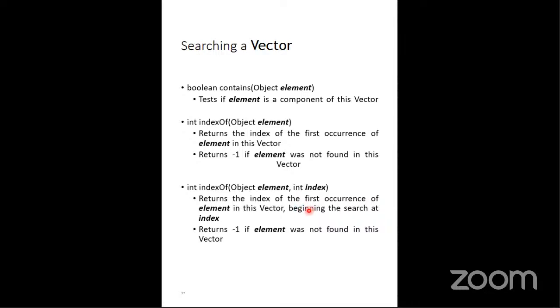The search will begin from this location onwards, where the first occurrence of this object is found. It will return -1 if the object is not found from this index onwards. So it is a kind of variation over the indexOf method, where it will start searching for this object from this position onwards.